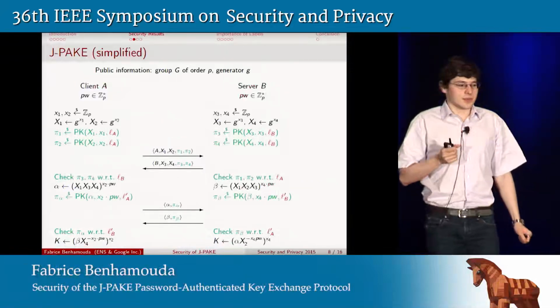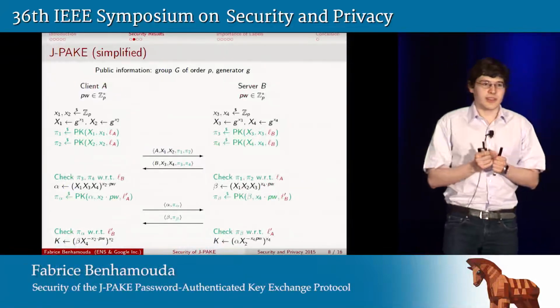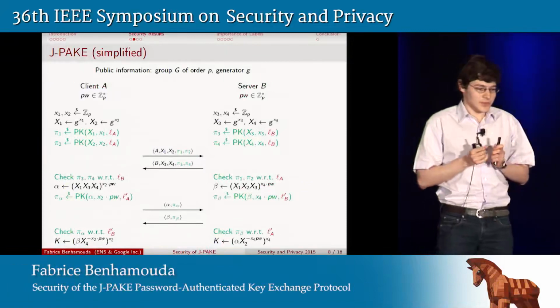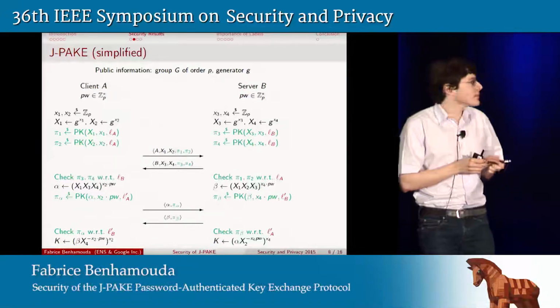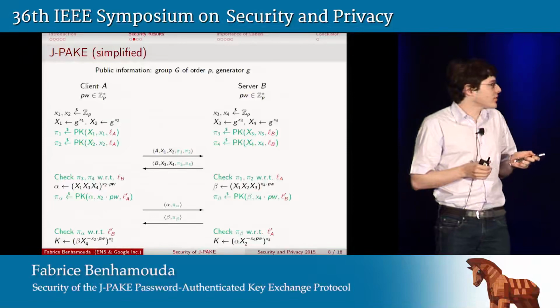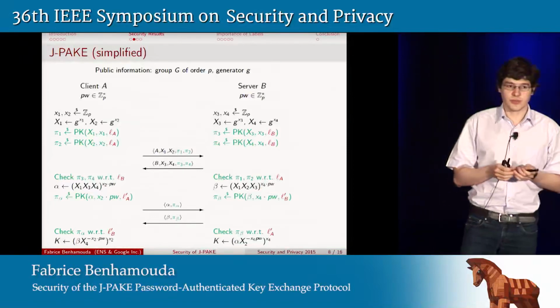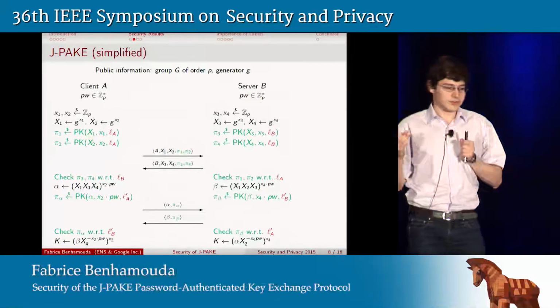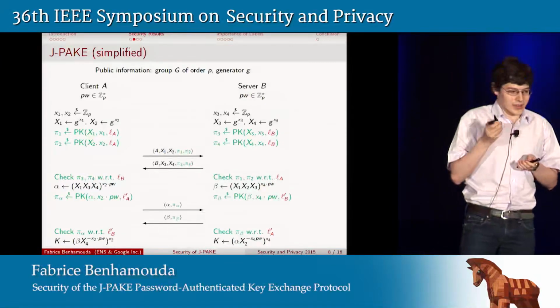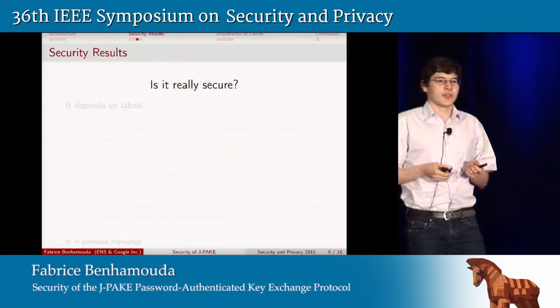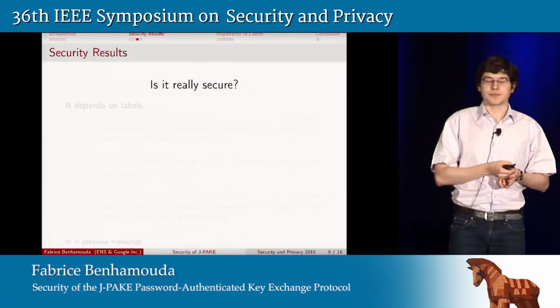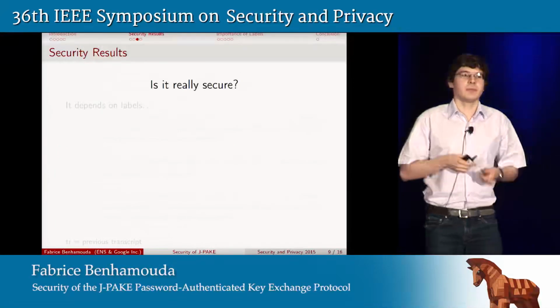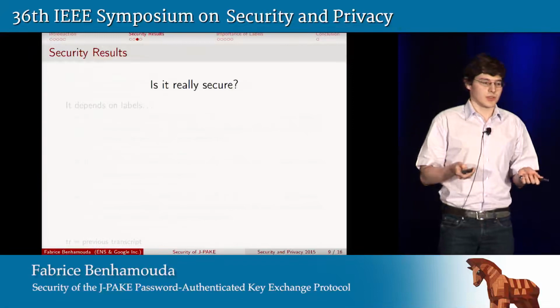But this intuition is a bit misleading because the JPEG protocol contains some important details which are labels. Labels are metadata of the proofs done by the client and the server. And actually, the security of the JPEG protocol depends on the choice of the label.